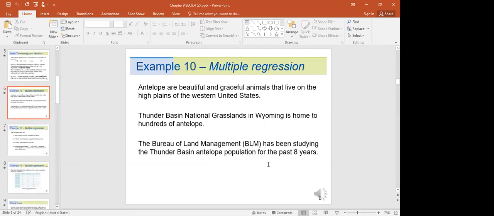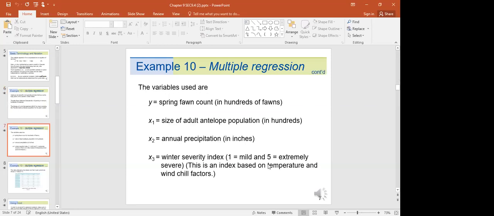In this example, we want to study the relationship between the antelope, a beautiful and graceful animal that lives on the high plains in the western United States. Thunder Basin National Grasslands in Wyoming is home to hundreds of antelopes. The Bureau of Land Management has been studying the Thunder Basin antelope population for the past 8 years.